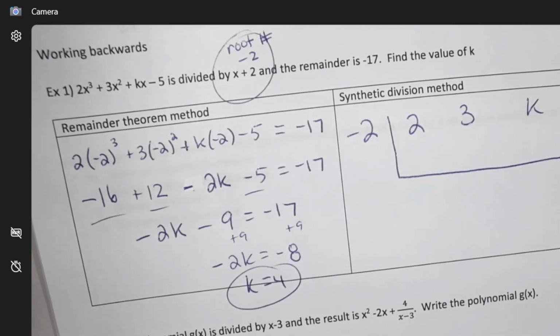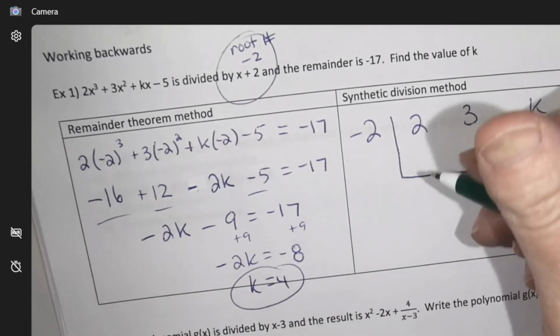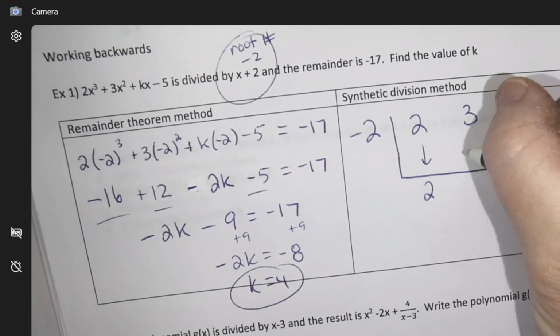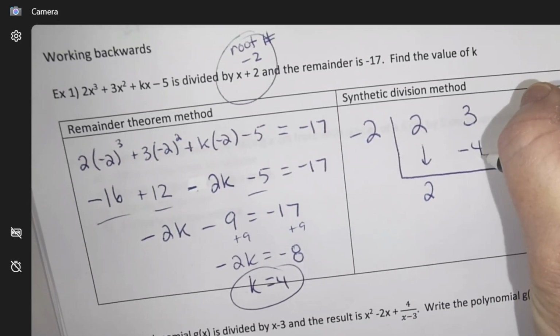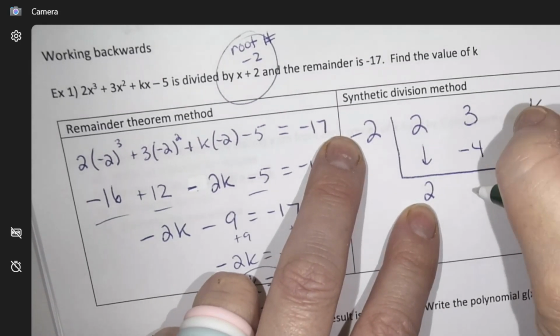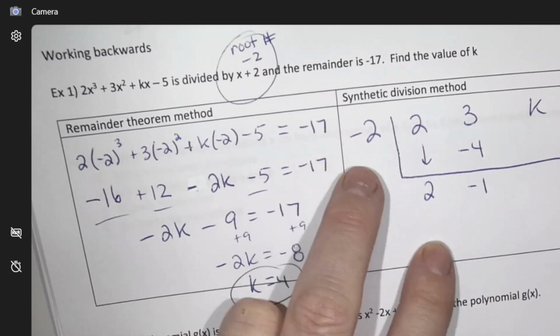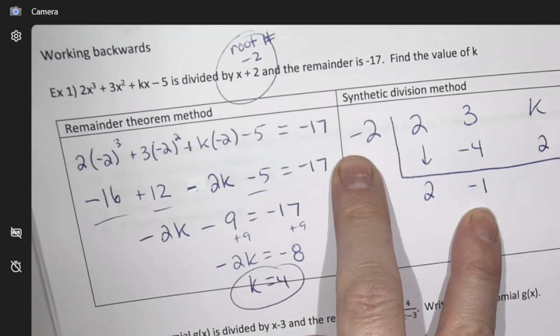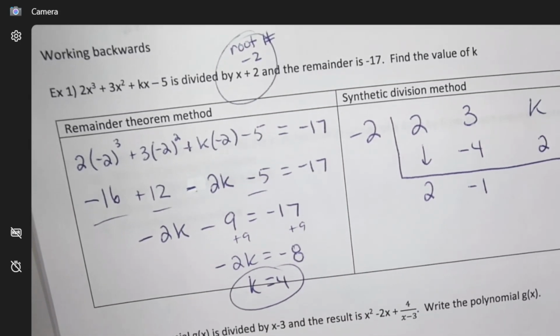Okay, we're going to start synthetic division. So give me a pull down 2 times -4, add down -1, times and get to 2, stop. You can't do any more.